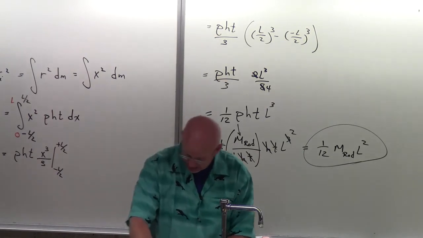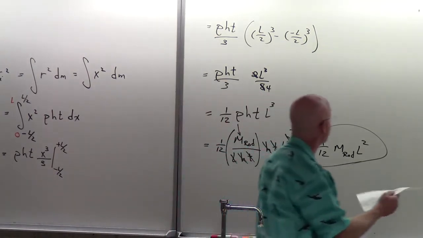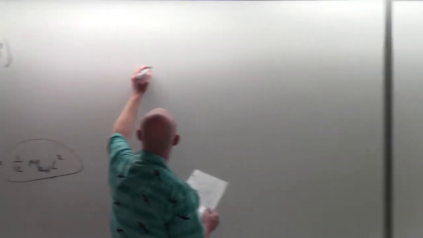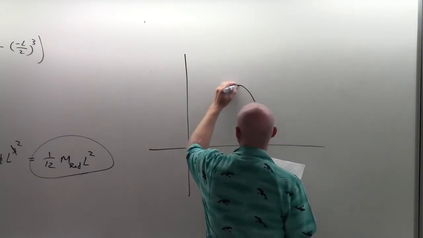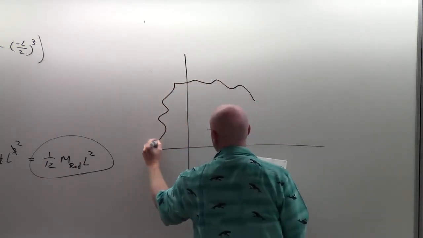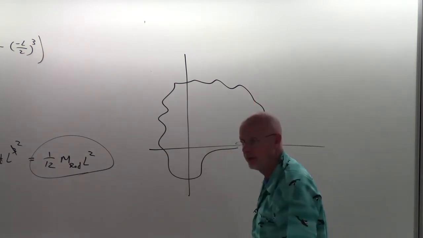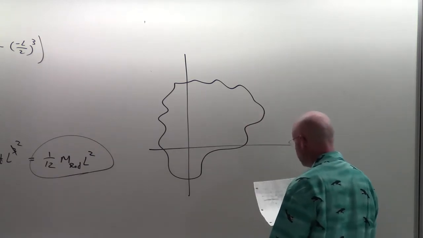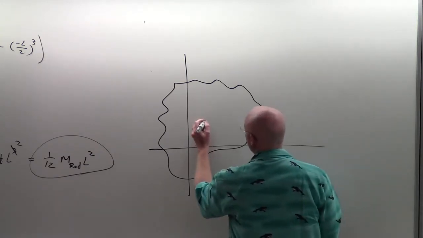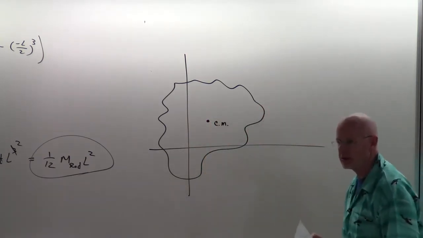Let's see how he sets it up here. He gives kind of this picture here. He says, let's take an object, and just to make it kind of generalized, he gives this weird shape and says, all right, somewhere, probably right about here, is the center of mass of that object.